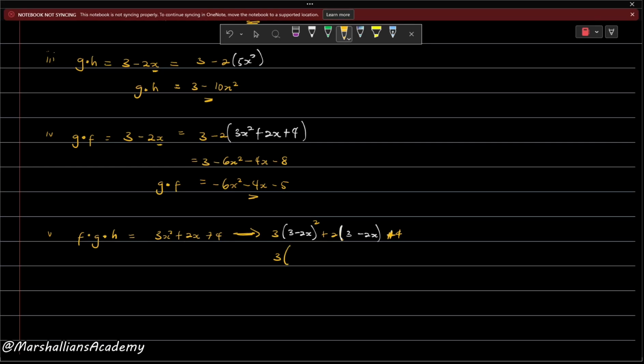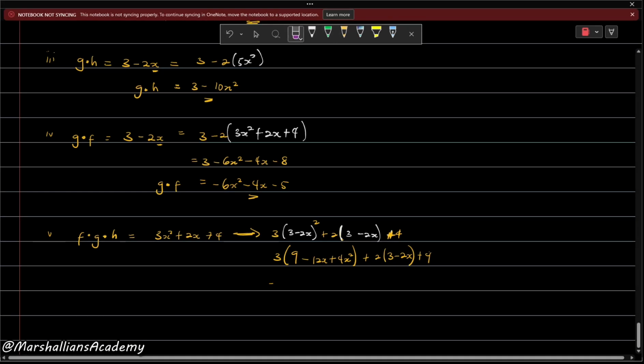If you expand this, we are going to be having 9 minus 12x plus 4x squared. That's if you know how to expand this bracket. Plus 2 into bracket 3 minus 2x plus 4. Let's not even open the entire bracket yet.